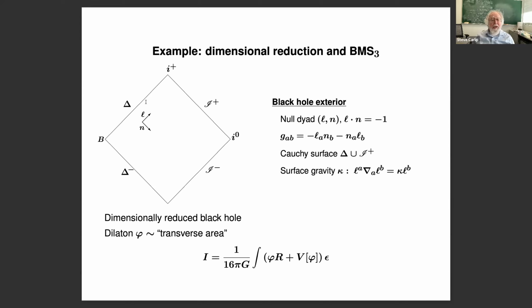The horizon and future null infinity together give you a Cauchy surface. There are two null directions, one along the horizon and the other orthogonal to that. And the dimensionally reduced Einstein-Hilbert action is basically just a two-dimensional dilaton gravity action.